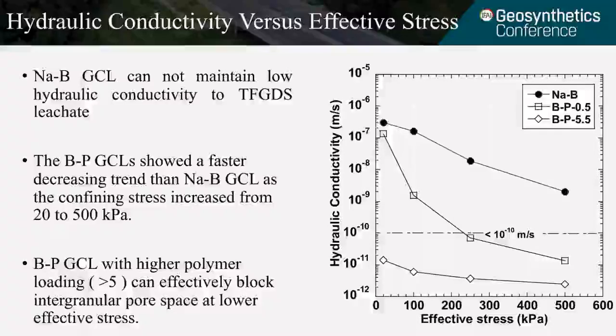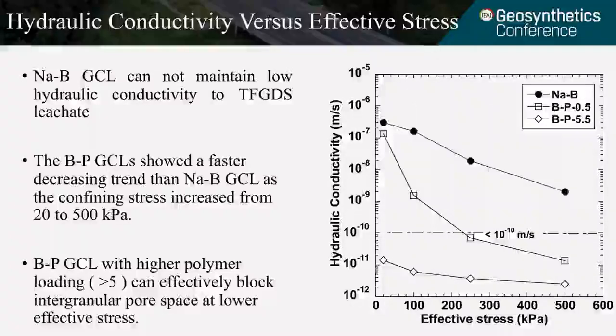In contrast, if we focus on the BP.5 GCL, it had similar hydraulic conductivity in comparison with sodium bentonite GCL at 20 kPa cell pressure. But as the stress keeps increasing, we do see that the BP.5 GCL has a faster decreasing trend. When it becomes 250 kPa effective stress, the hydraulic conductivity of BP.5 GCL is lower than 10 to the negative 10 meters per second.